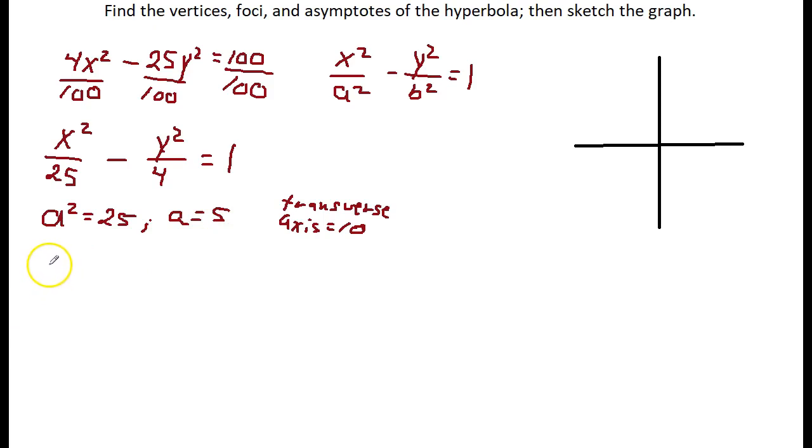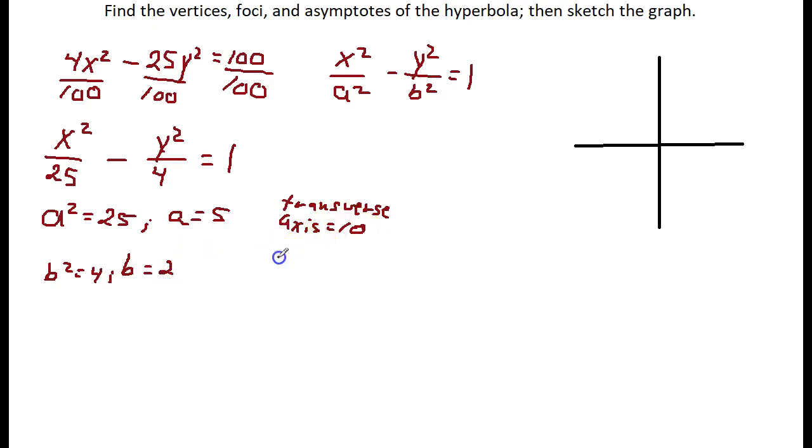Now b squared is equal to 4. So that means that b is equal to the square root of 4, which is 2.